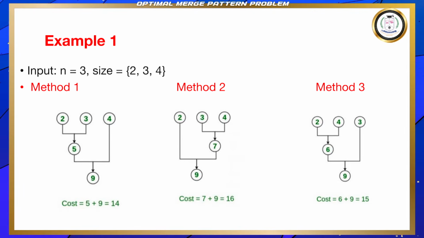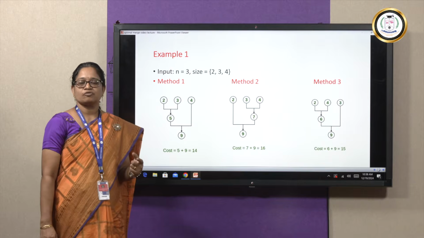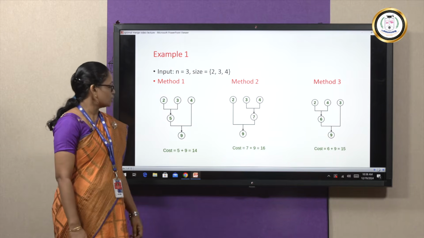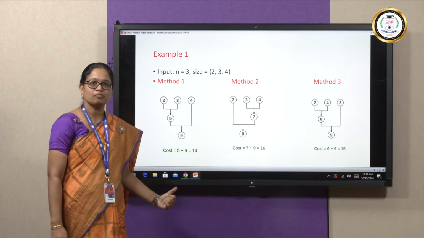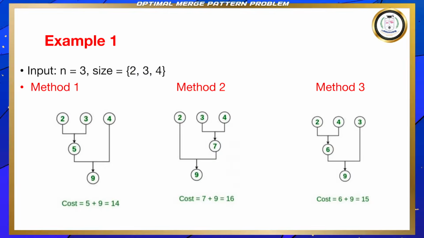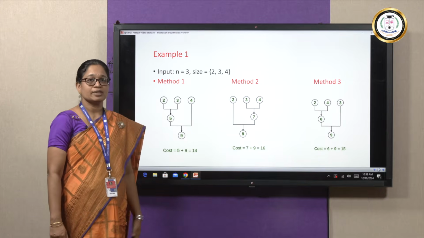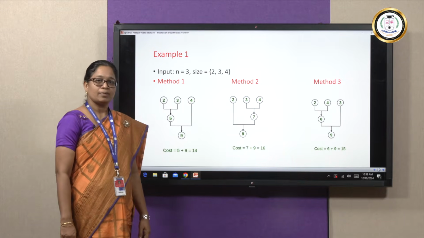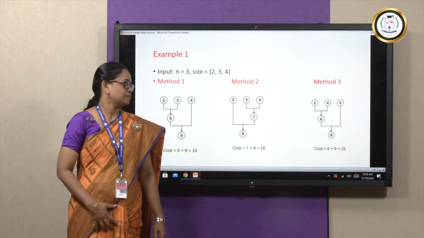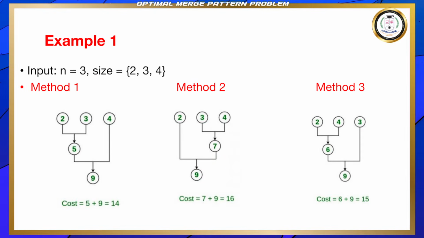Now we have a resultant file, and we combine it with the third file of size 4. So the number of comparisons will be 5 plus 4, which is equivalent to 9. The cost incurred is the total number of comparisons in method 1, which is 5 plus 9, equal to 14.